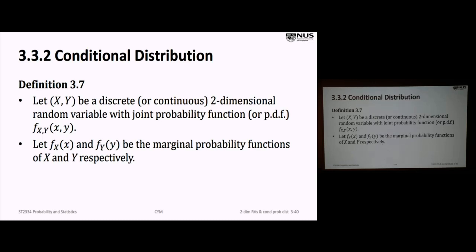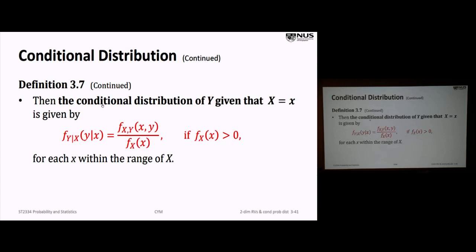Then the conditional density, I'm going to say density or mass function, not distribution, because you can confuse that with probability distribution functions, of Y given X is defined to be the joint PDF of X and Y over the marginal density function of X. This holds if X and Y are discrete or continuous, only in the case that f of x is strictly positive.